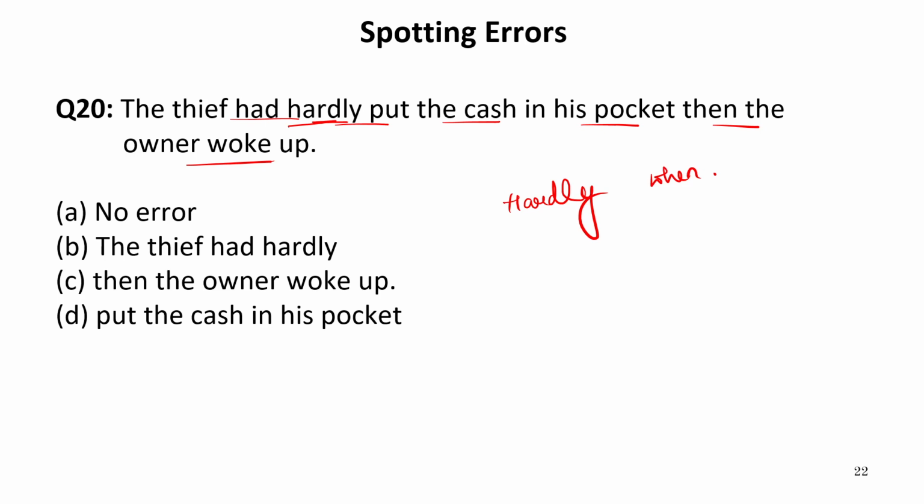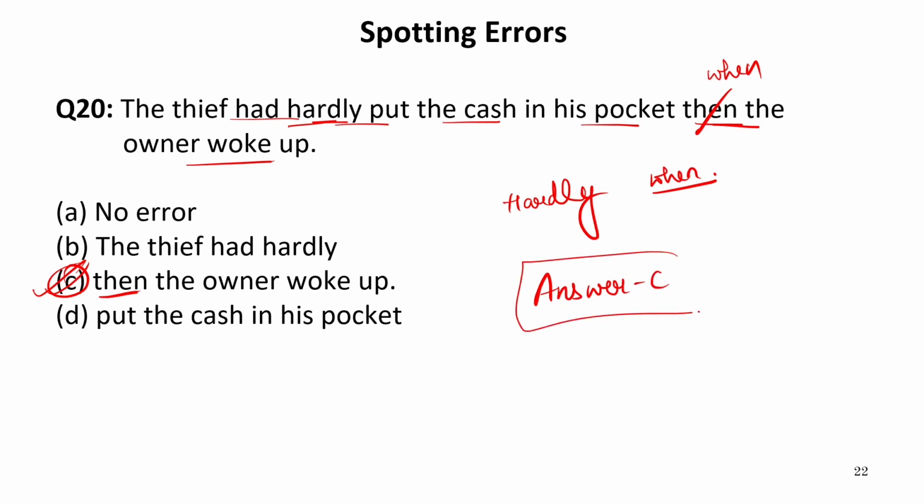But when we have no sooner, it is followed by than, that is T-H-A-N. Therefore, this then is incorrect over here. It should be replaced with when. So our answer is C, because this then is in part C, which is grammatically incorrect. So our answer is C.